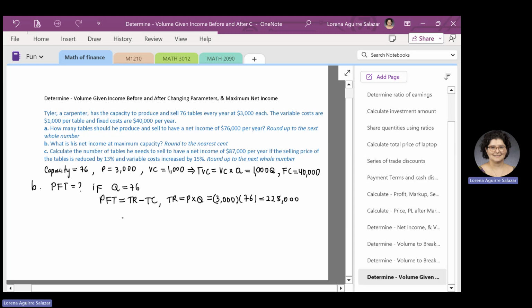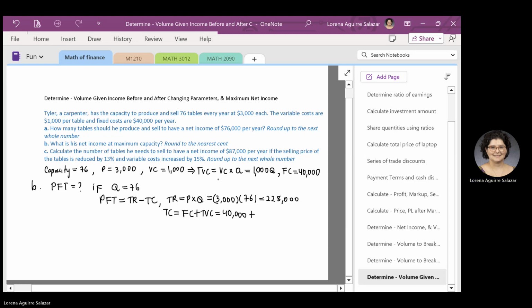And the total costs are the addition of fixed costs and the total variable costs. So we have 40,000, those are the fixed costs, plus 1,000 times Q, and Q is 76.